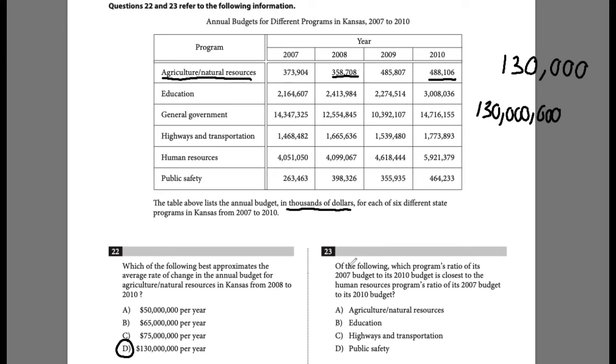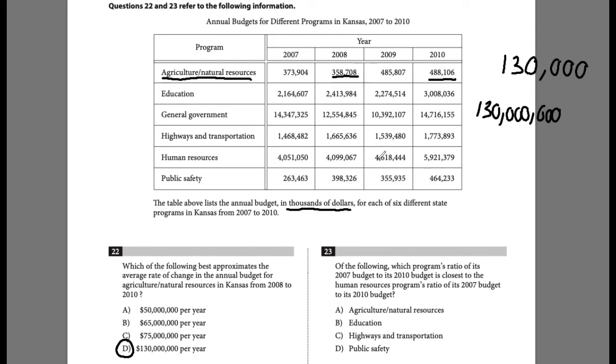Number 23. Of the following, which program's ratio of its 2007 budget to its 2010 budget is closest to the human resources program's ratio of its 2007 budget to its 2010 budget? So if we look at how much the human resources department budget increases, it is going from around 4 million to 6 million.